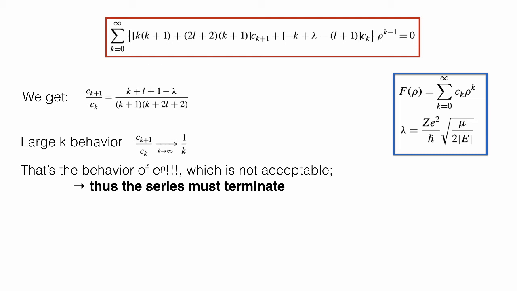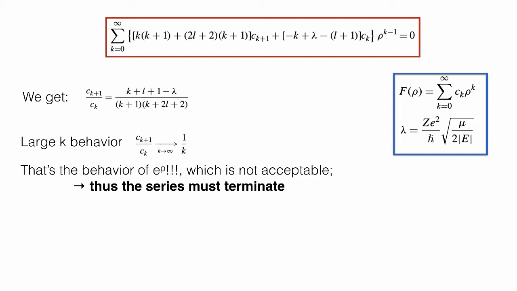Once the coefficient is equal to 0, all the next ones will be equal to 0 as well. And therefore, we will never end up in this uncomfortable situation where k goes to infinity, because that would correspond to the exponential, which cannot yield a wave function that can be normalized.